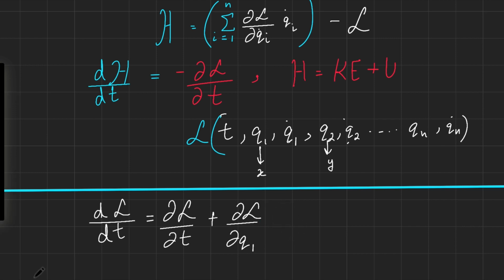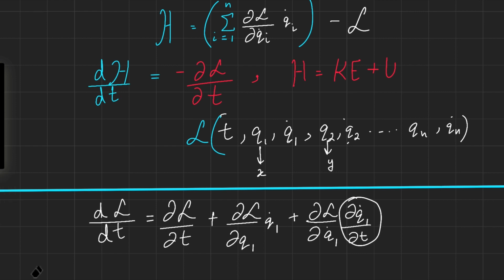So we can compactly write this as q1 dot. Then you'd have to do the same for q1 dot. So that would be partial L over partial q1 dot times partial q1 dot over partial t. And you can realize that this is actually q1 double dot, or the second derivative of q1 with respect to time.